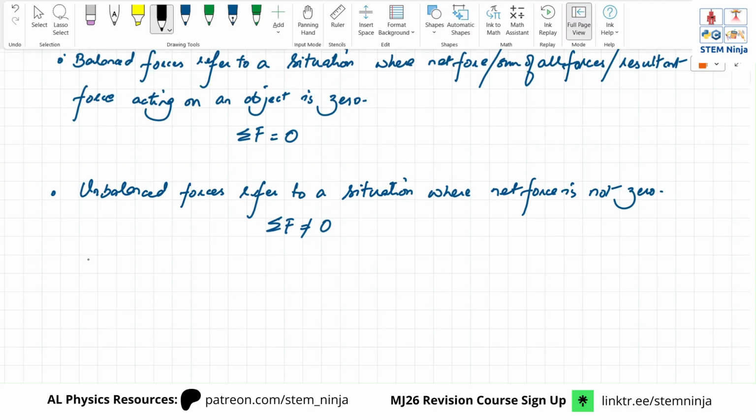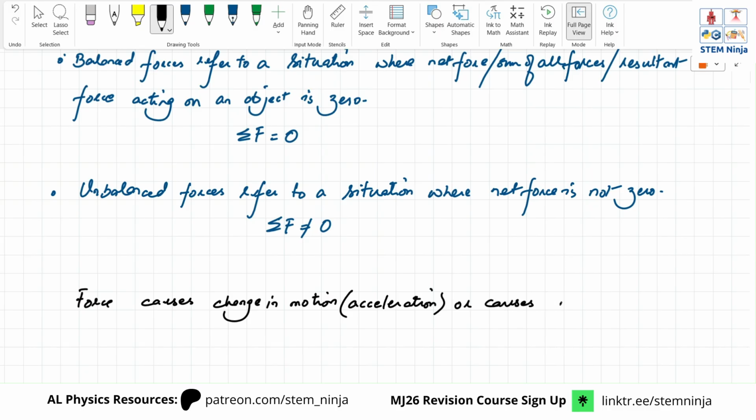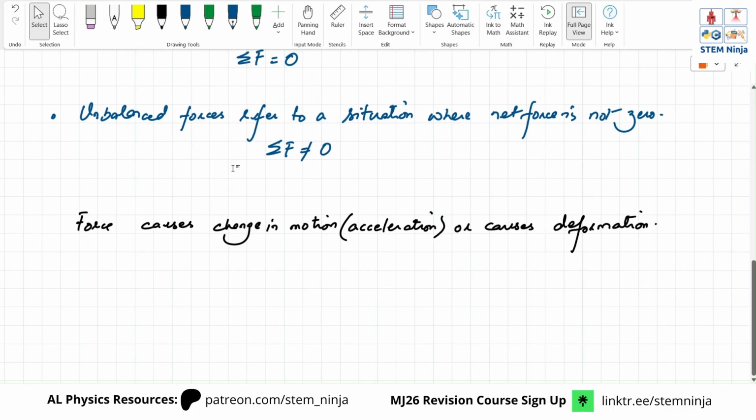We already know this from IGCSE. So if the net force is not zero, that means one of those things will happen. So we know force causes change in motion, in short, acceleration, or causes deformation.